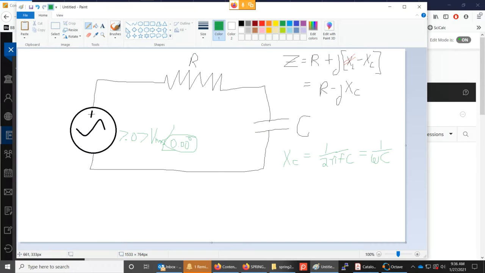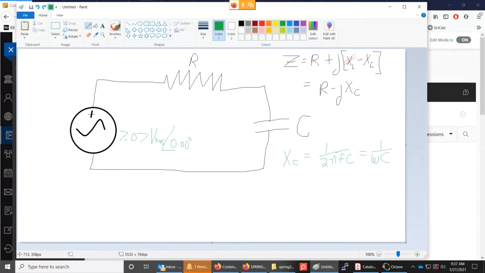Now in the book, when you look at the problems at the back of the book, they always give you a non-zero reference point just to kind of throw you off. I like my supply voltage to be my input, and so I can pick when it crosses 0 and call that time t equals 0, and that's my reference. And so I like to just set that equal to 0.